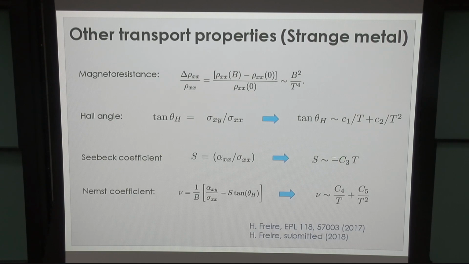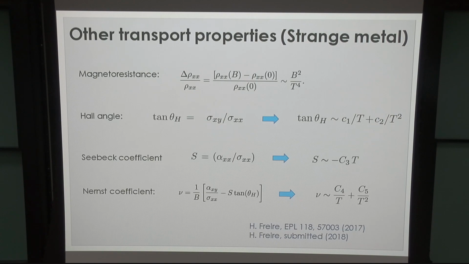And this is a linear contribution. This is also a Fermi-liquid-like term. But as we move on to calculate the Nernst coefficient, which is given by this expression here, we get a very non-Fermi-liquid-like contribution, which is given by C over T plus another constant over T squared.